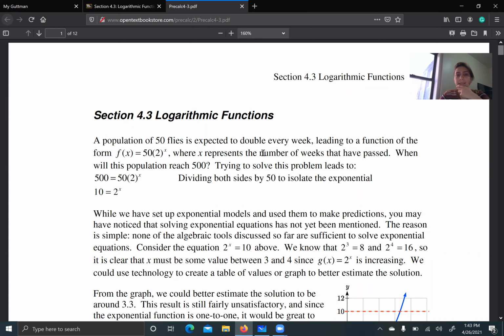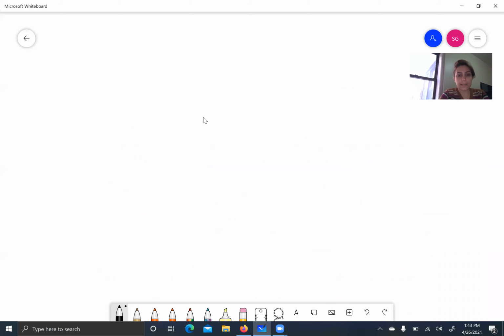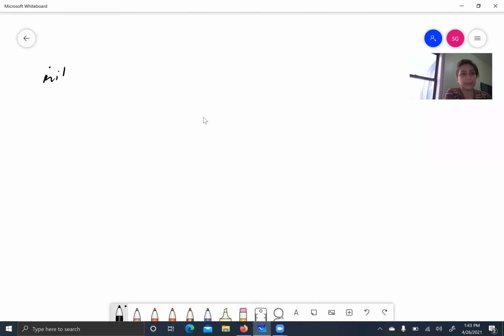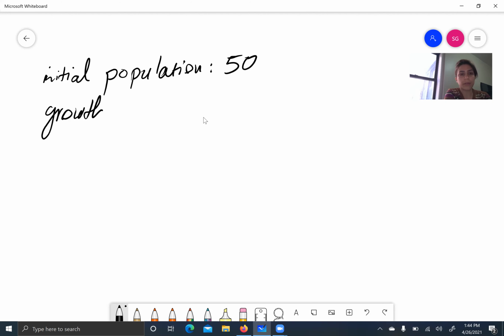For that reason, this function models this scenario. Now, suppose the question is, when will this population reach 500 flies? So let me summarize this scenario here. The initial population is 50, and the growth factor is 2, because the population doubles every week.